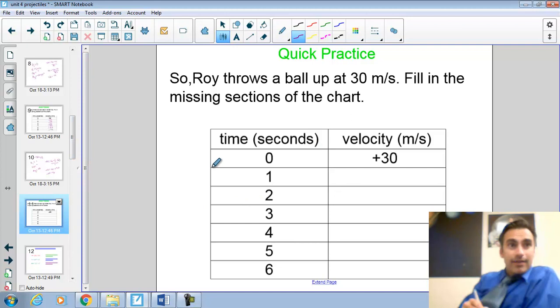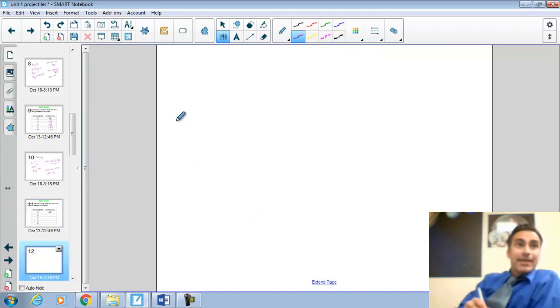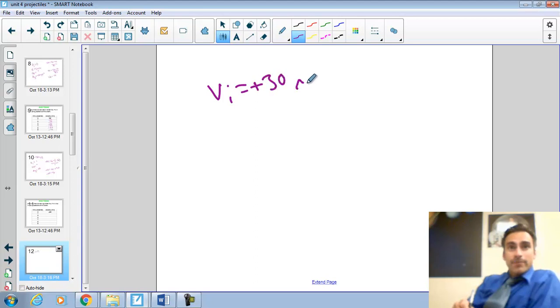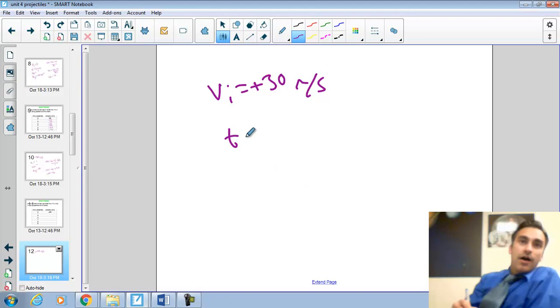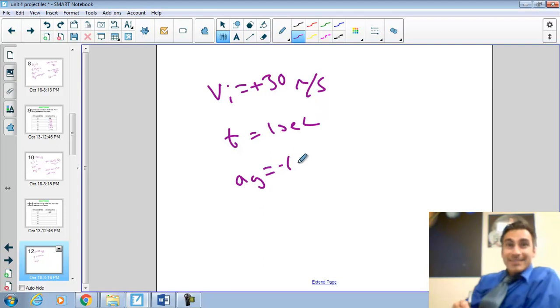Next problem here. We have Roy. He's going to throw a ball up at 30 meters per second. So now our velocity initial is positive 30 meters per second. Time is 1 second. Acceleration of gravity is still negative 10.